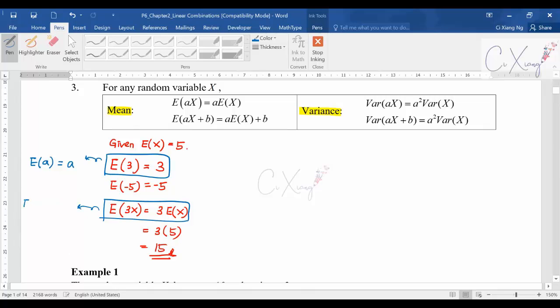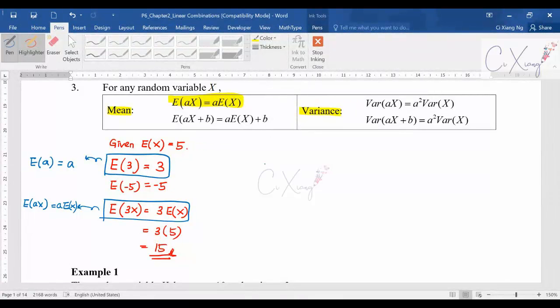The general formula will be E(aX) equals aE(X), which is this one in our notes. So this is a formula for a basic linear function when you want to find the mean, and this is one of the examples that I show to you to roughly know how we apply it.